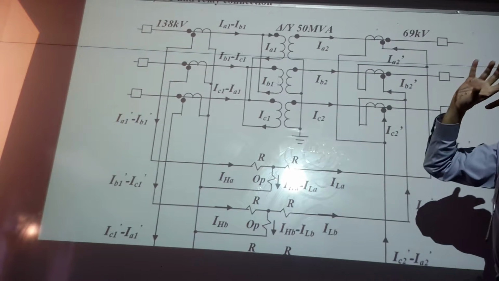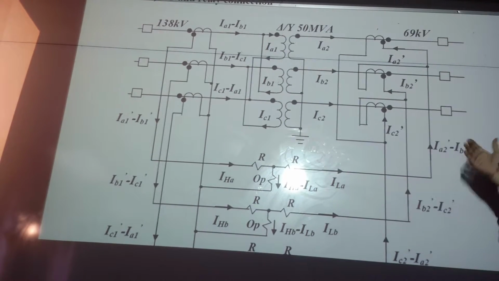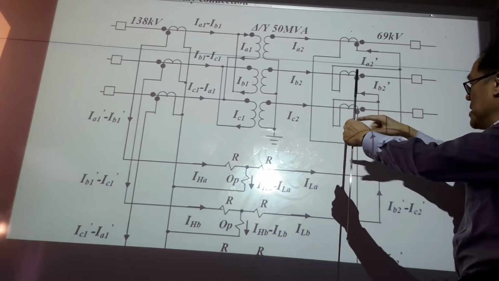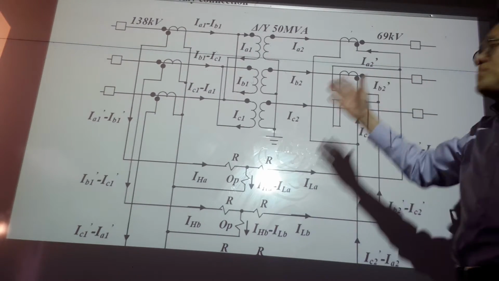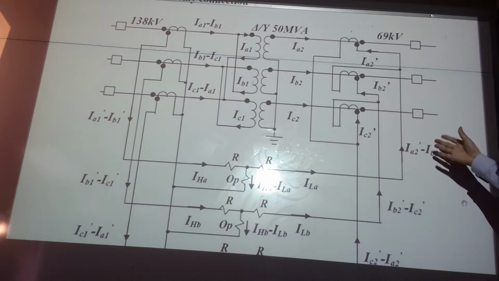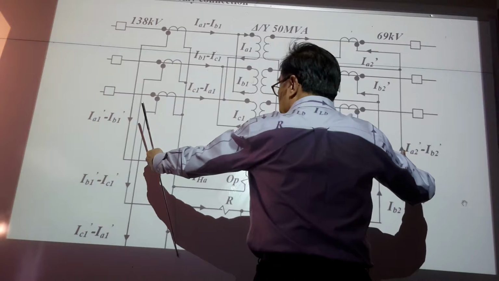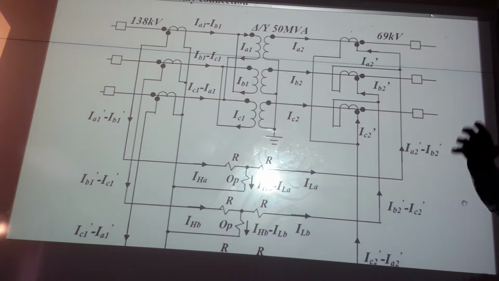Only delta can give you a difference of the line currents, something like IA2 minus IB2. You know about delta because you have current and then subtract by KCL, right? So that you can get IA2 prime minus IB2 prime, this type of thing. So this will be more or less the same line current that you want, so that you can do comparison.